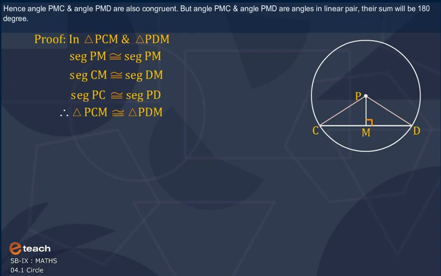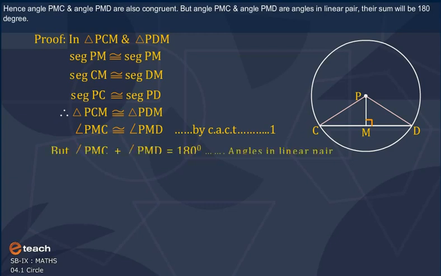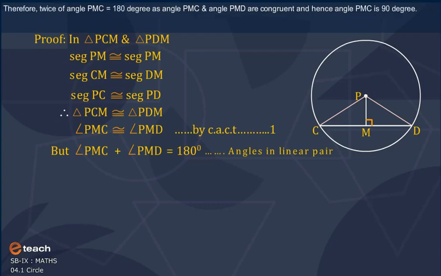Hence, angle PMC and angle PMD are also congruent. But angle PMC and angle PMD are angles in a linear pair. Their sum will be 180 degrees. Therefore, twice angle PMC is equal to 180 degrees.